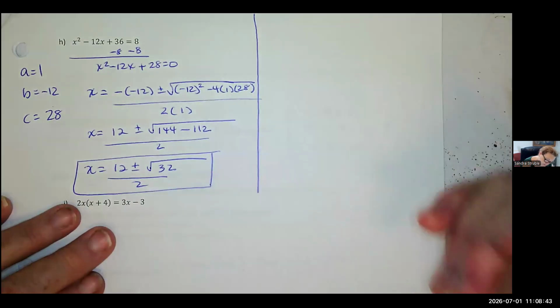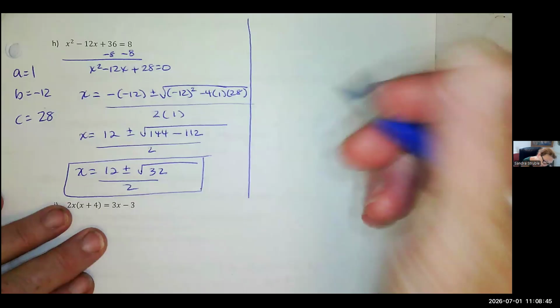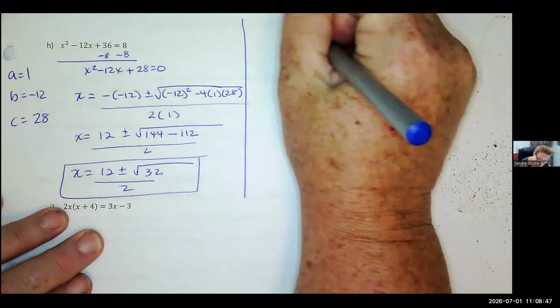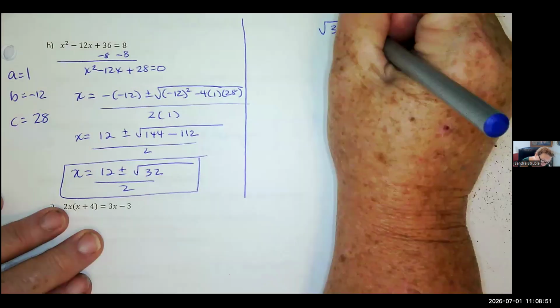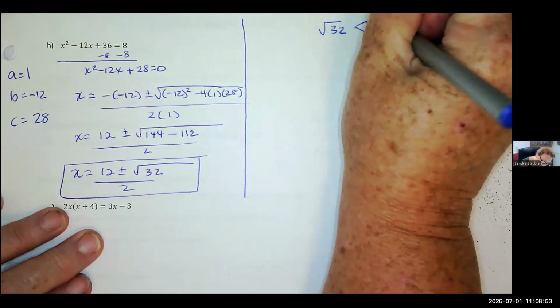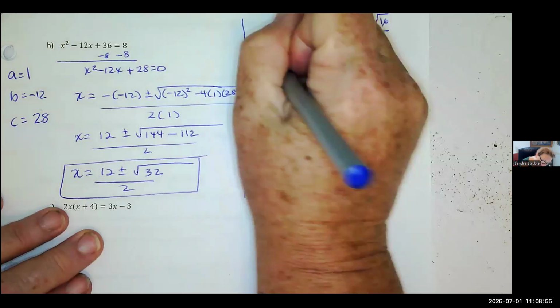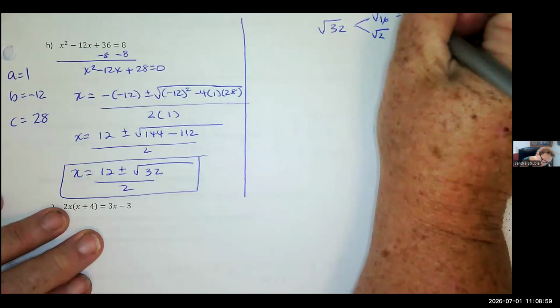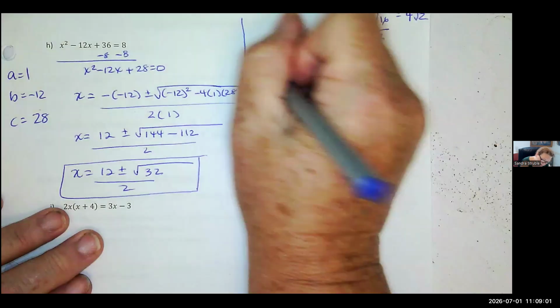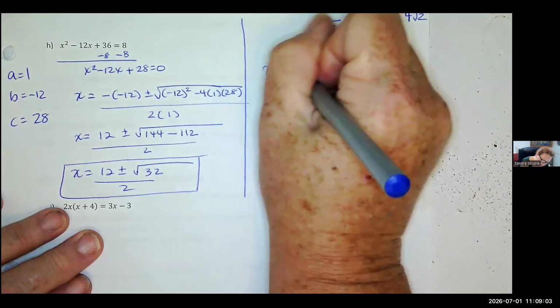All right, so those of you moving on, square root of 32 does have a perfect square in it. It's 16. Square root of 16 and square root of 2. So square root of 16 is 4. So this answer for square root of 32 would be 4 square root of 2. So x equals 12 plus or minus 4 square root of 2.